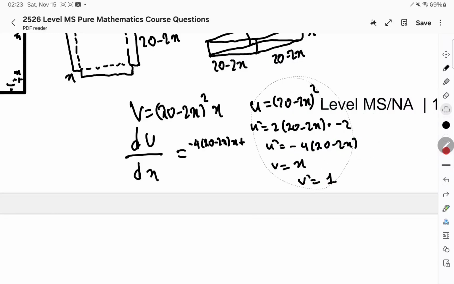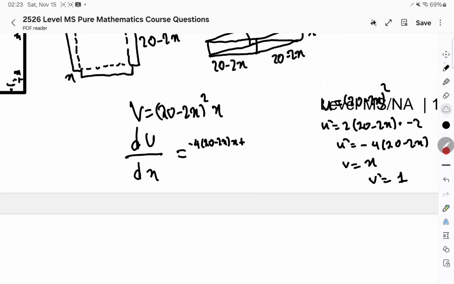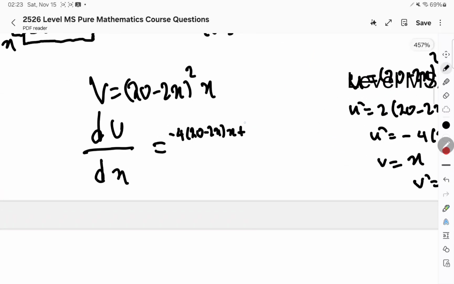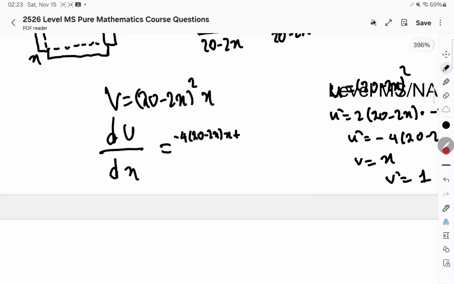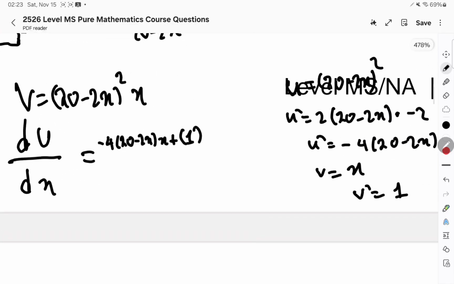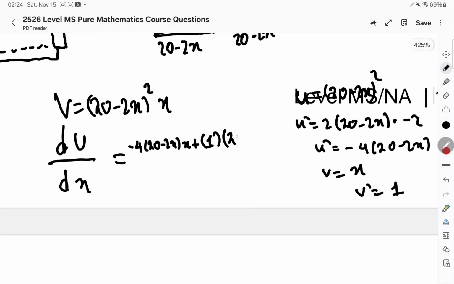Oops, sorry. I moved everything to the other side here. And then I get v prime u. U is equal to, again, 20 minus 2x squared.